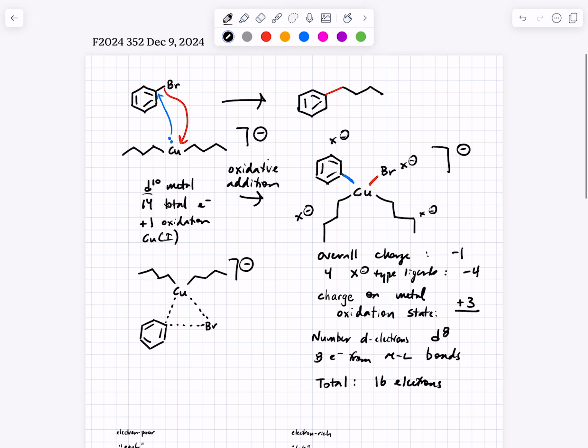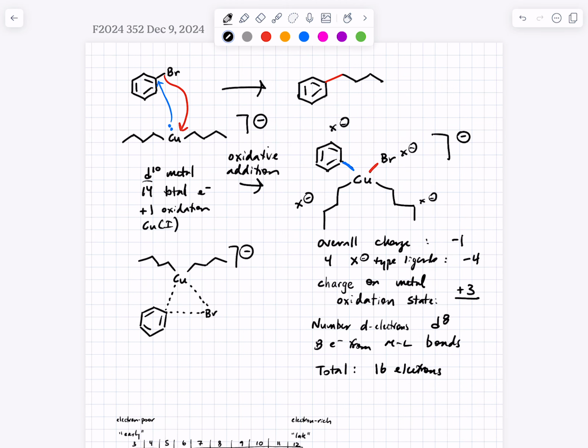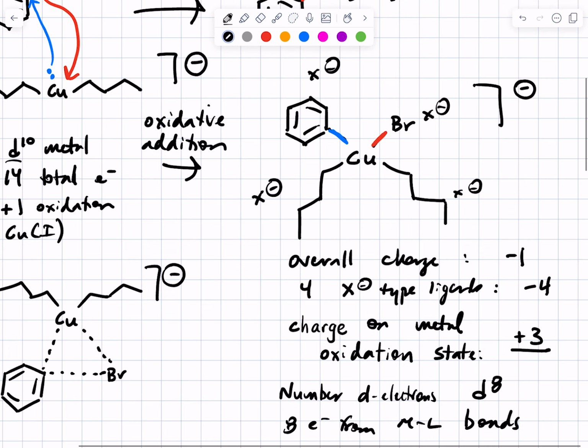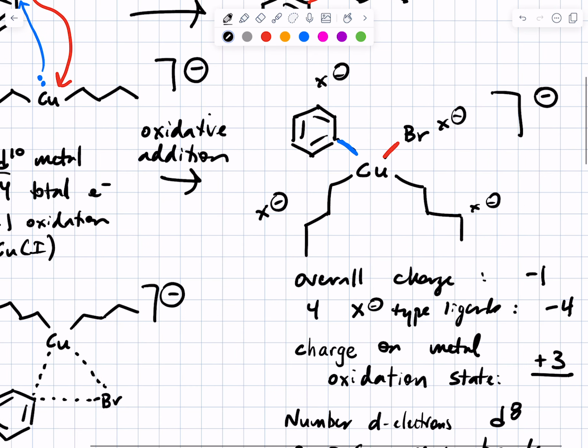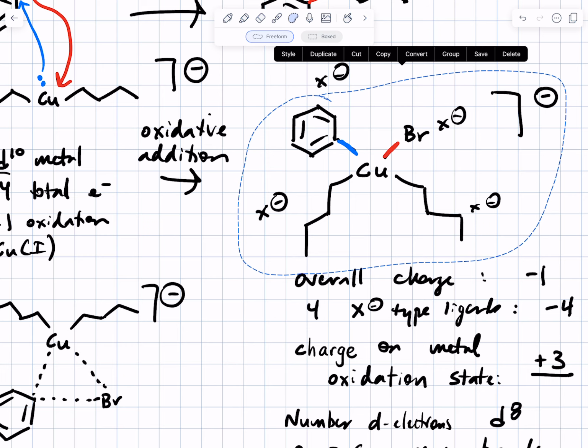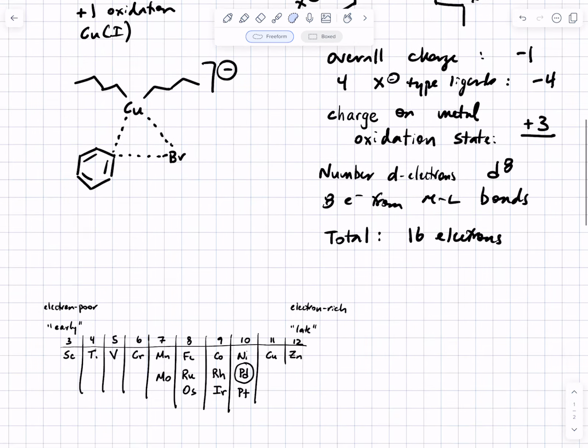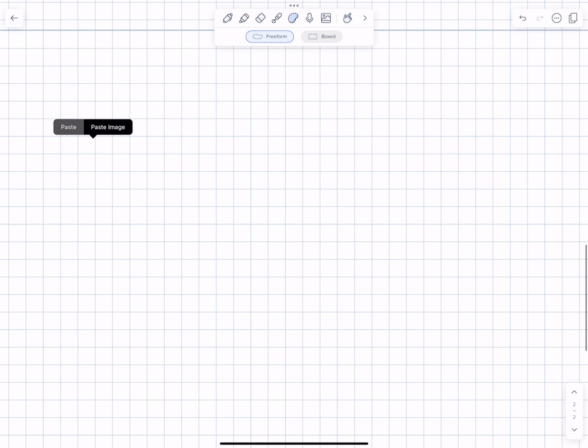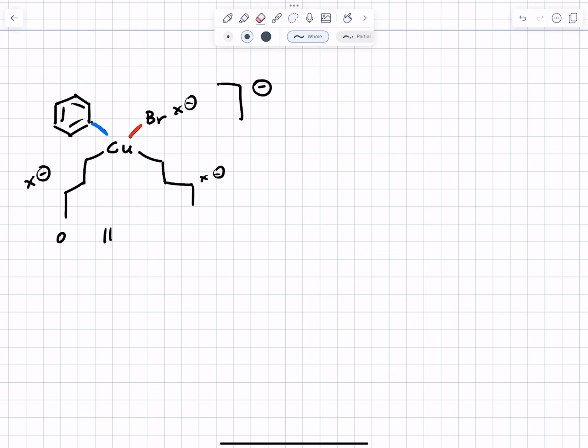Then the next thing that happens in the coupling reaction is we're going to do a reverse oxidative addition step. So to illustrate this, I'm going to copy the complex again so that we can draw it a little more cleanly. I'm going to erase the extraneous details.